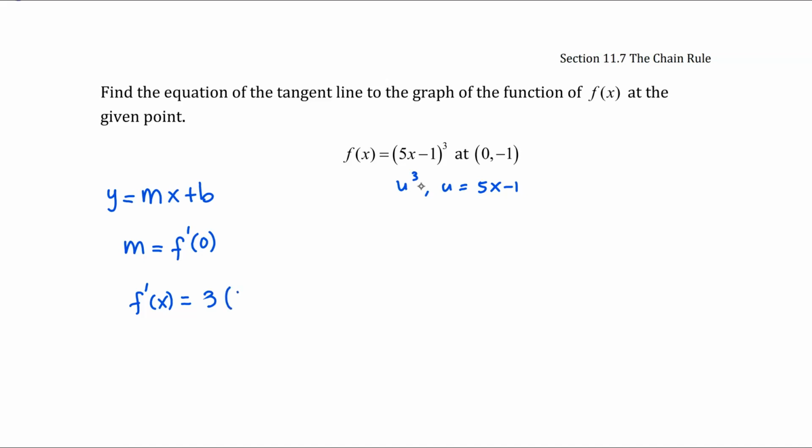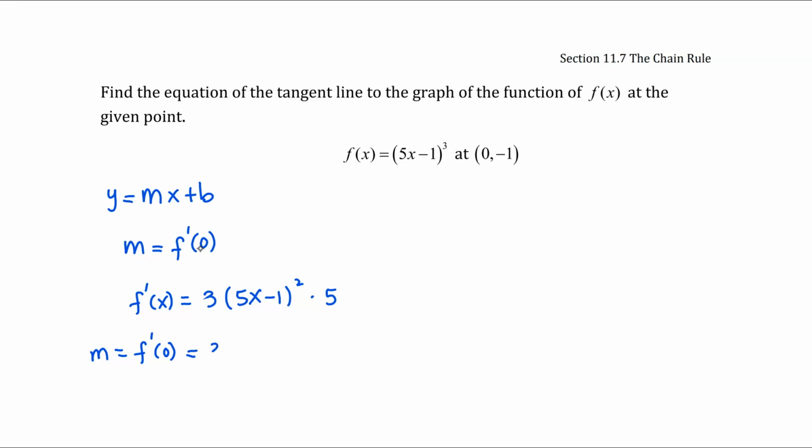Again, our u is (5x minus 1) squared times the derivative of u, which is 5. So that's our derivative. Then next, we evaluate the derivative at x equals 0. So we compute f prime at 0, and that will be our slope.